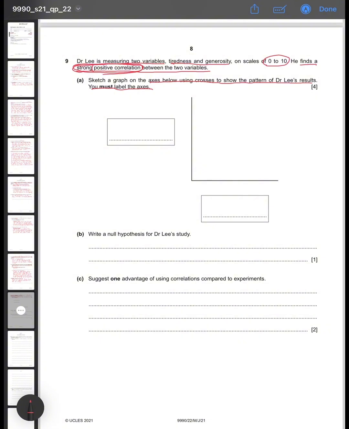So by now we know that there are two variables, so you can write any variable on any axis. So for example, you can write tiredness over here and generosity over here, and since it is a positive correlation, both of them will increase together, and there is a strong positive correlation, so the crosses are supposed to be close to each other.